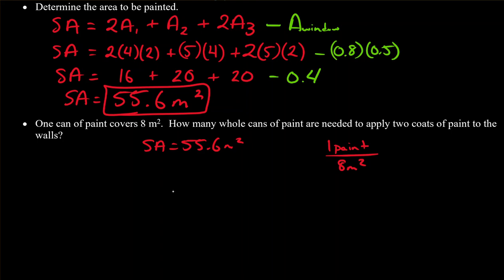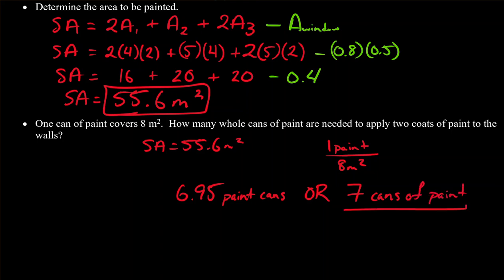And so how many cans of paint do we need? 6.95 cans of paint. Because we have to round up, we need 7 cans of paint. Perfect.